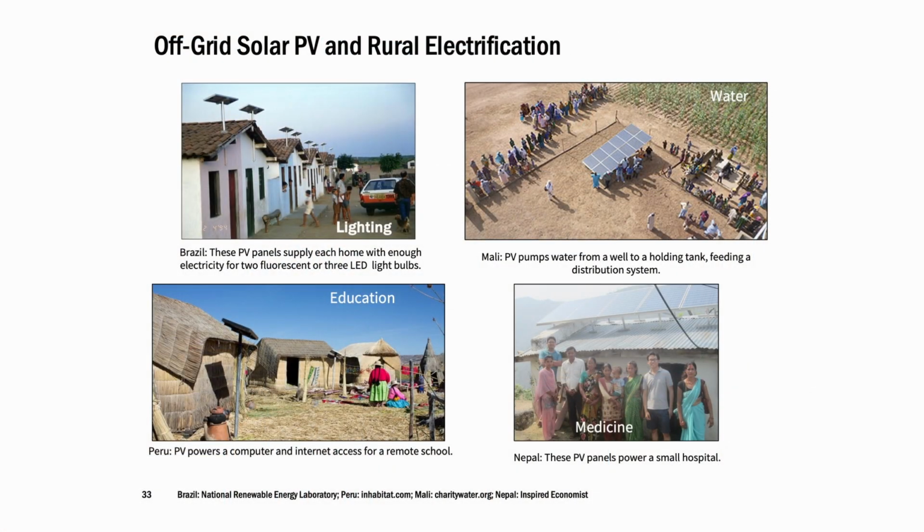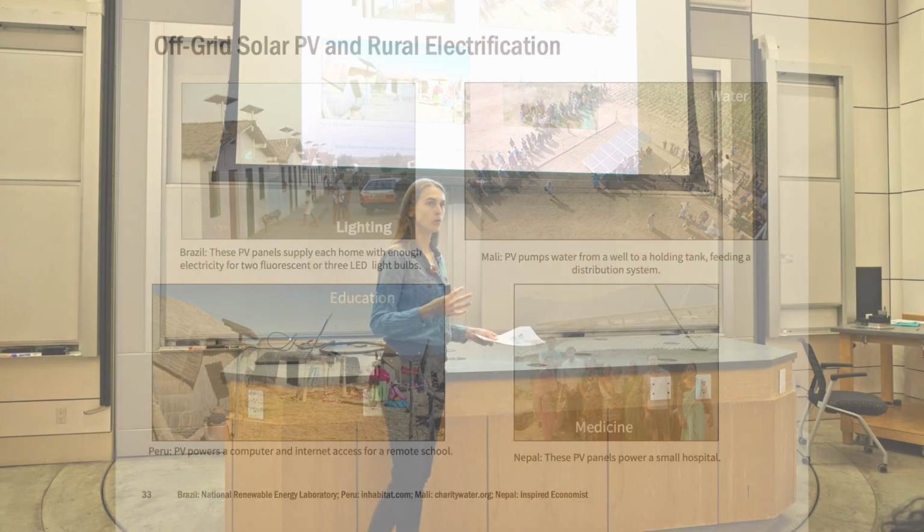Another application I want to call out for solar is off-grid applications that are particularly relevant in the developing world for communities that wouldn't otherwise be able to cost-effectively connect to the grid. Early applications for solar off-grid were focused on small applications like a solar lantern or a solar cell phone charger.